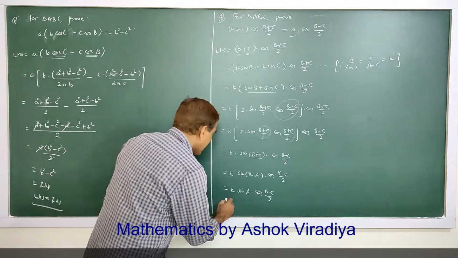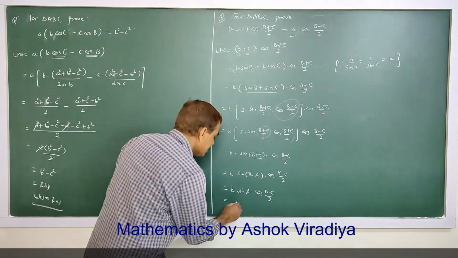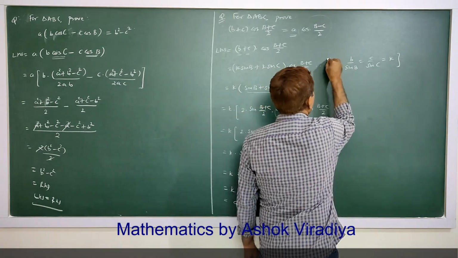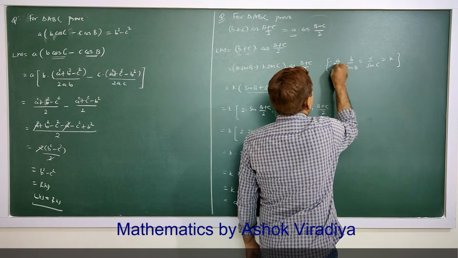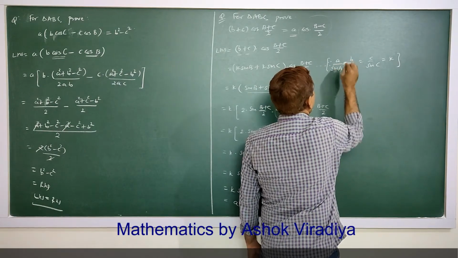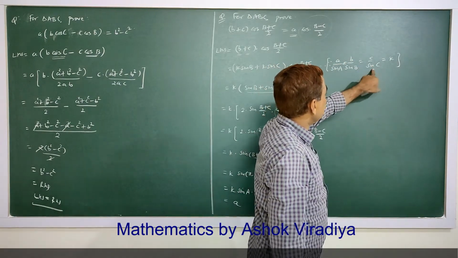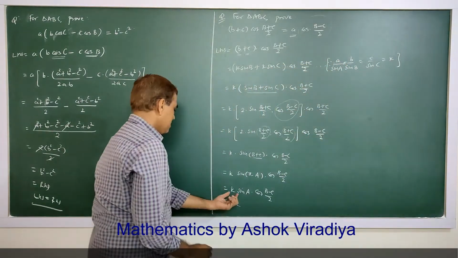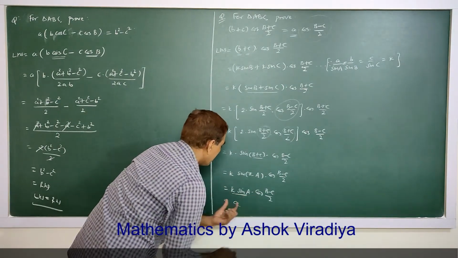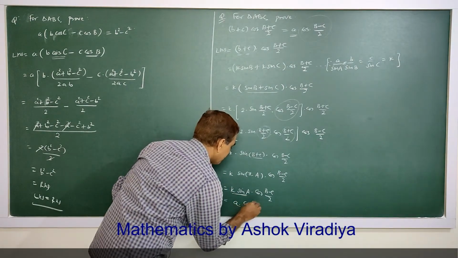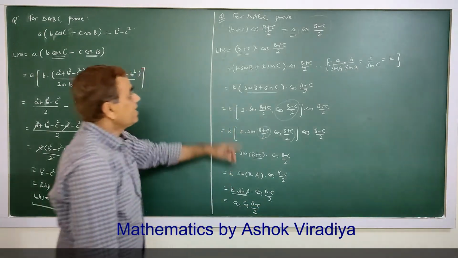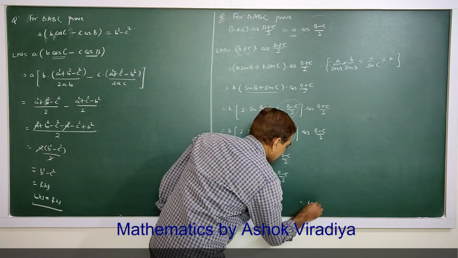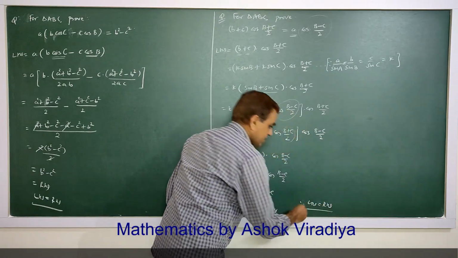Now k into sin A, A is small a. Say here, we can join the ratio, because a upon sin A equals b upon sin B equals c upon sin C is k. So k into sin A is small a. K into sin A is small a into cos((B − C)/2), and it is RHS. This is equal to RHS. So LHS equals RHS.